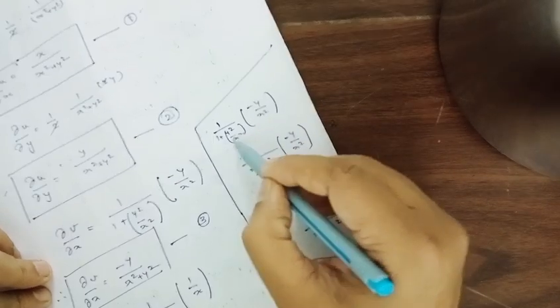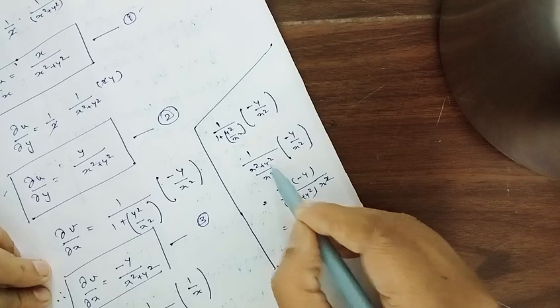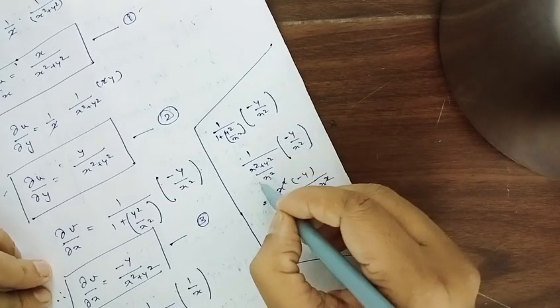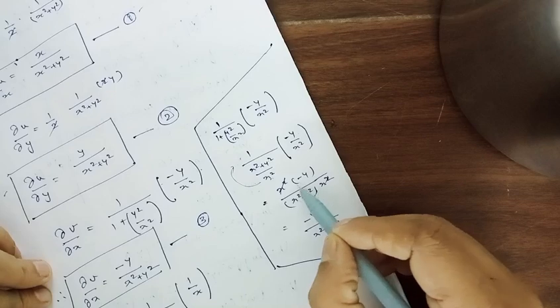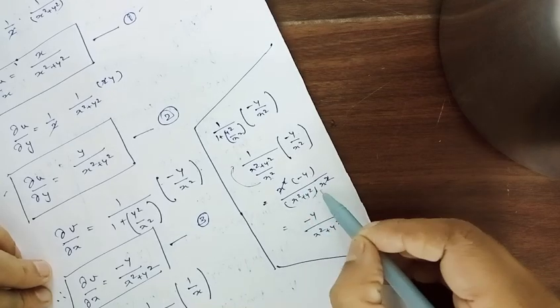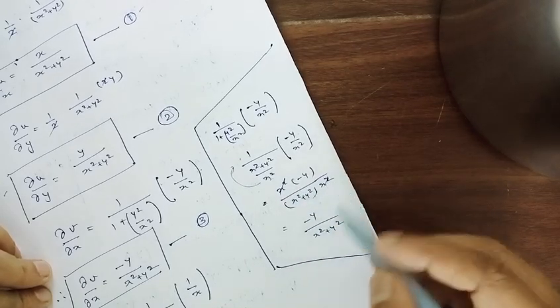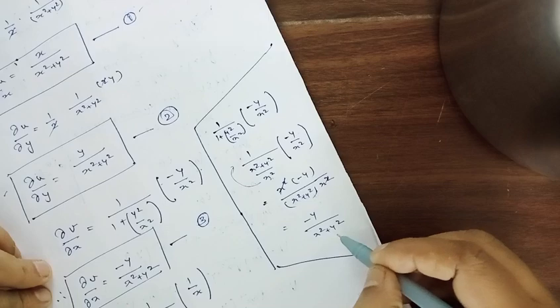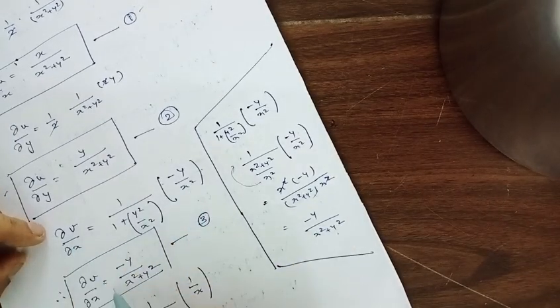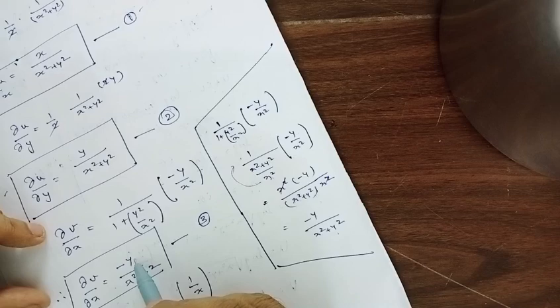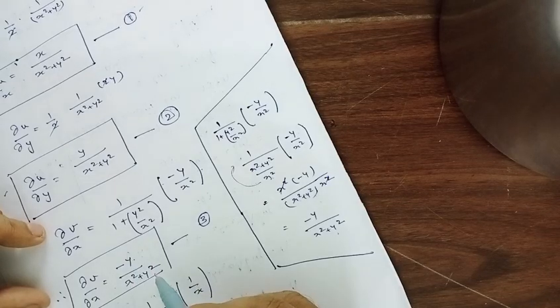So common denominator, this x square plus y square over x square, then this x square will go up, therefore x square into minus y divided by this, then x square cancels. So you will get minus y by x square plus y square for dou v by dou x.